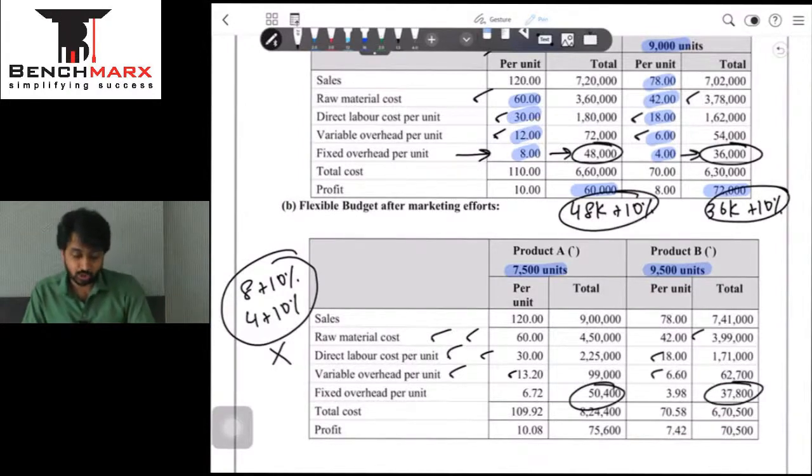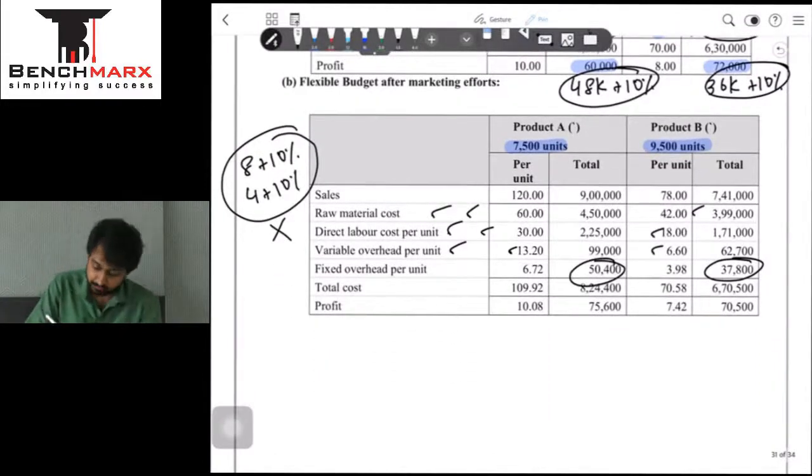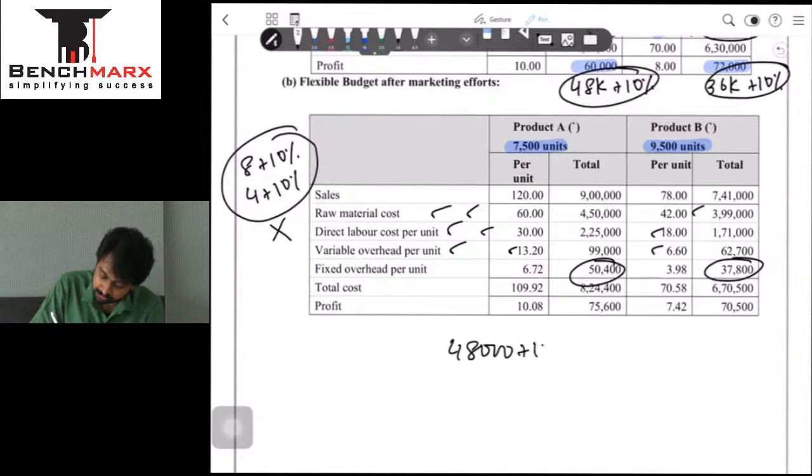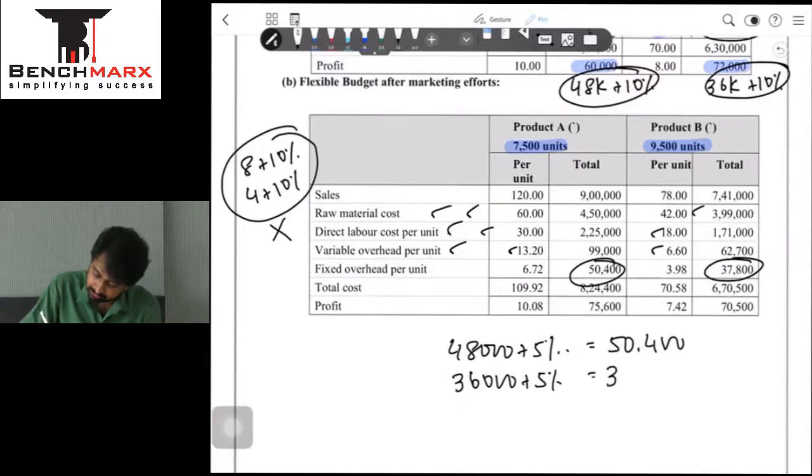The ICAI has not given any working for this. We have to show it separately. That is 48,000 plus 10% is equal to 50,000. Oh, sorry, 5%. 48,000 plus 5% is 50,400, and 36,000 plus 5% is equal to 37,800.